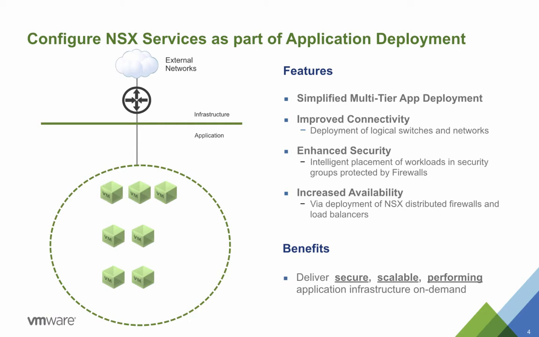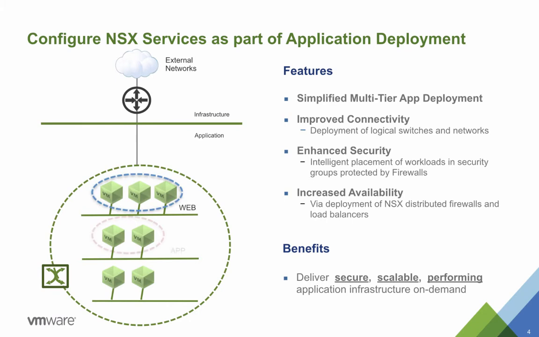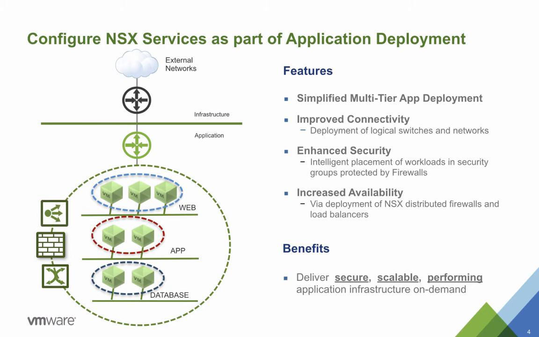As part of deploying a complex multi-tier application, vCloud Automation Center improves connectivity through deployment of logical switches and networks. It improves security through the intelligent placement of workloads into security groups protected by dynamic firewall rules. It also increases availability and performance of your applications utilizing NSX distributed firewalls and load balancers.